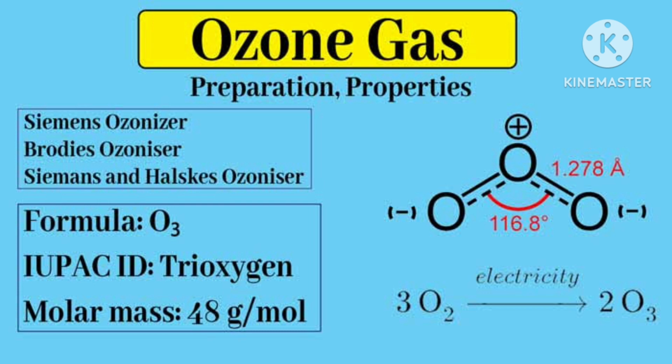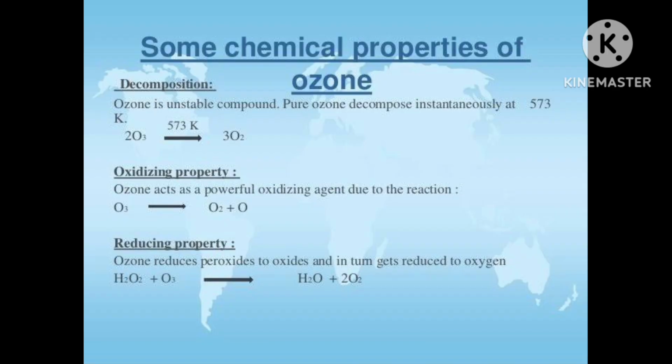The product is known as ozonized oxygen. 3O2 converts to 2O3, 3O2 means 6, and 2O3 is again 6. It requires heat, it is an endothermic reaction. The delta H value is 142 kilojoules per mole.